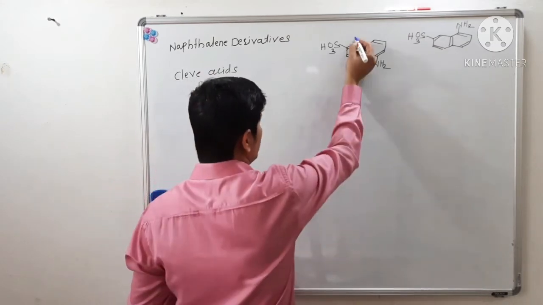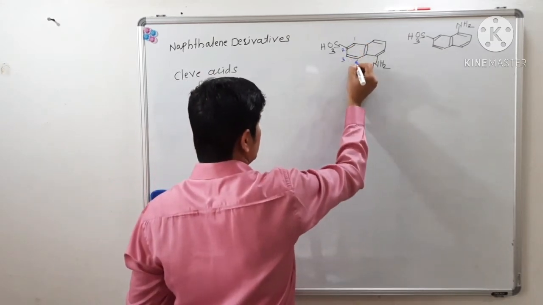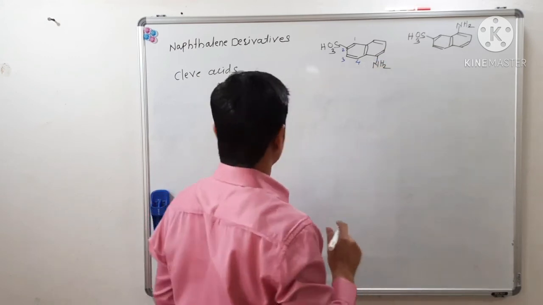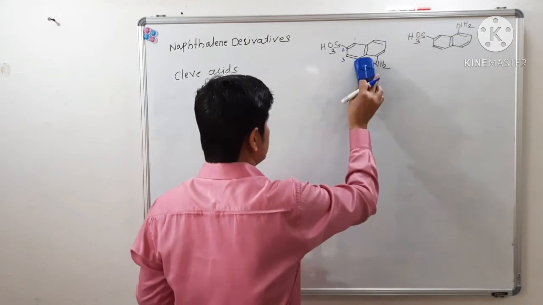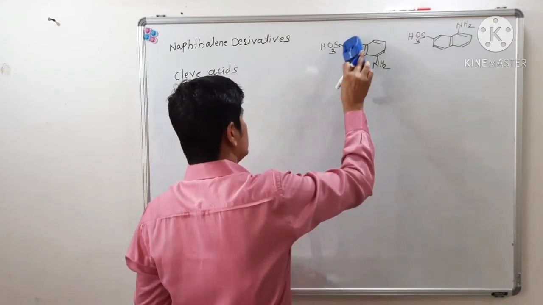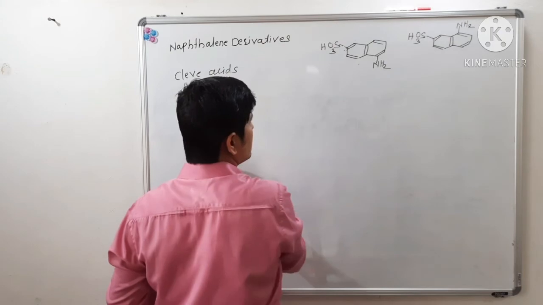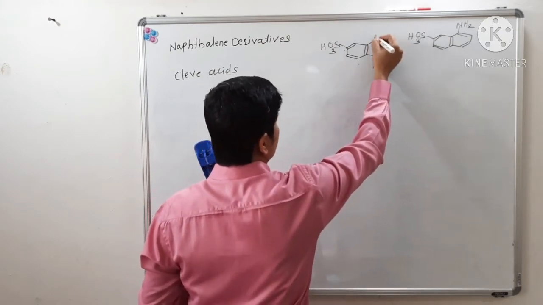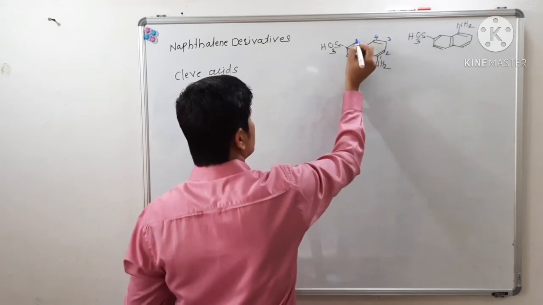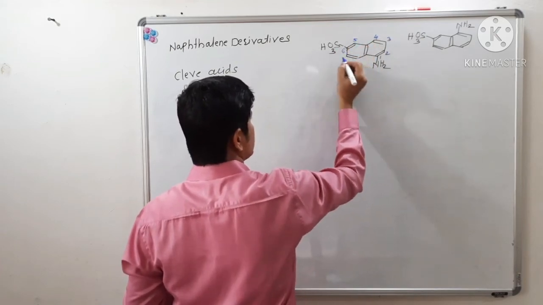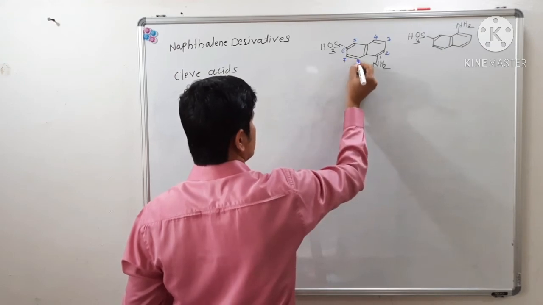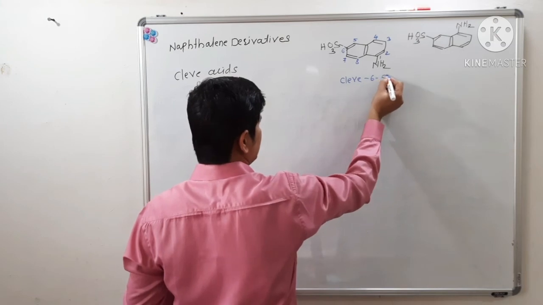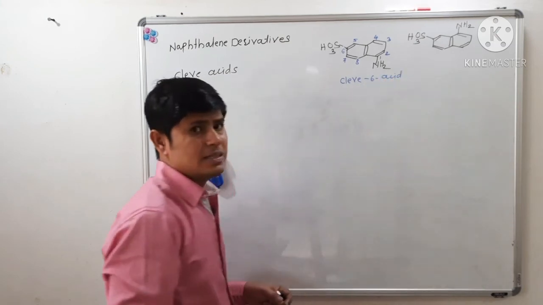See, what is this? 1, 2, 3, 4, 5, 6. So this is Cleve 6 acid.